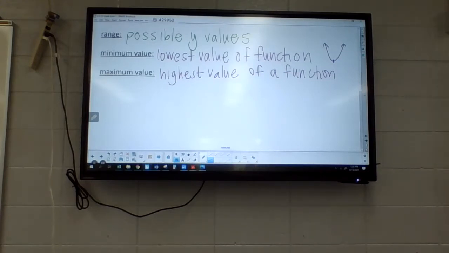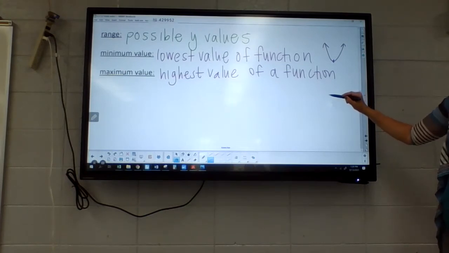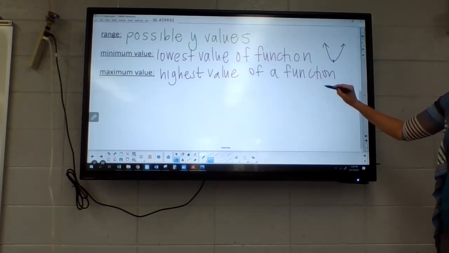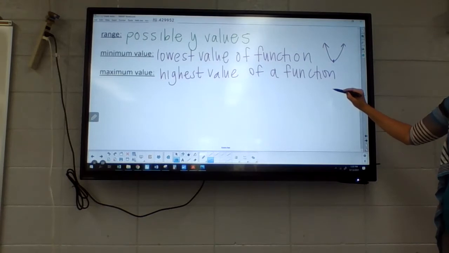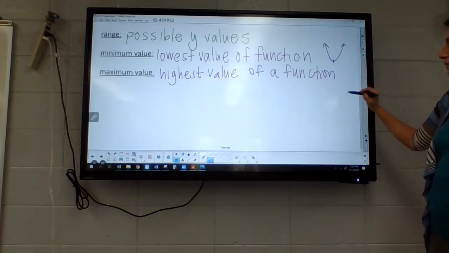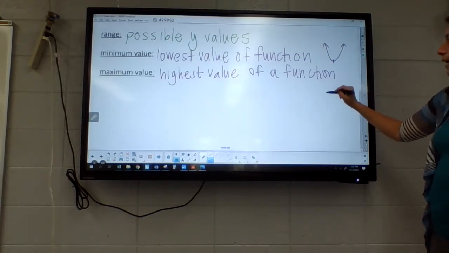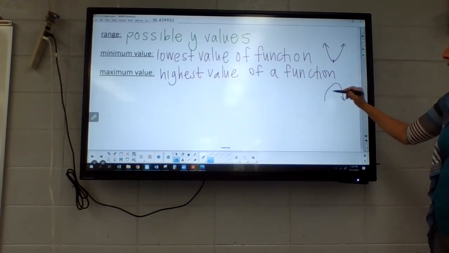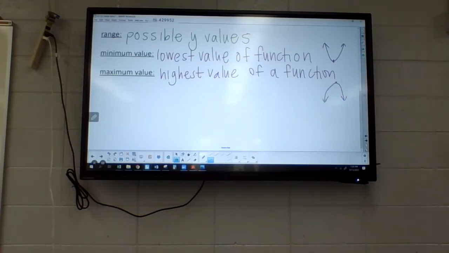But if I have a different shape, I'll just use an upside down parabola. I was trying to be unique, but we'll just stick to that. The maximum value is if the graph is upside down. And if there's arrows, those have no minimum. If they have a point, that can be the stopping point.